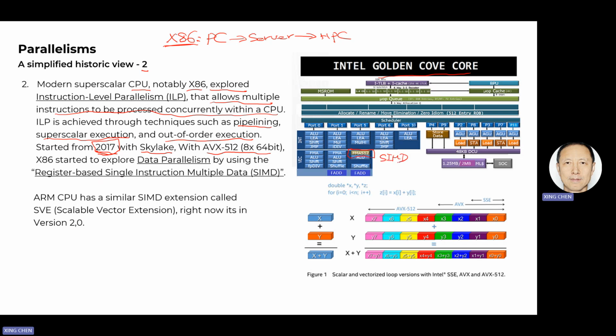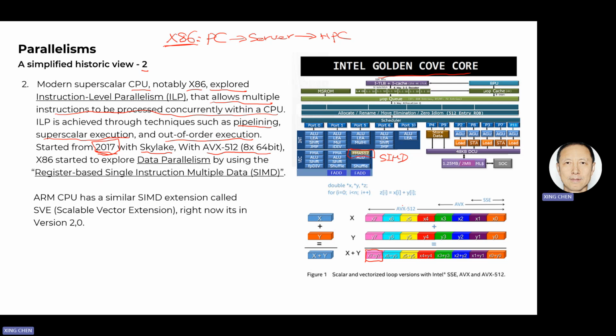Okay, but what's SIMD? Now, that's very simple. You have 2 vectors, x and y. You want to do a sum of x plus y element-wise. So you want to have x7 plus y7, and in the result you have the sum of x7 and y7 here. So this is the mathematics.